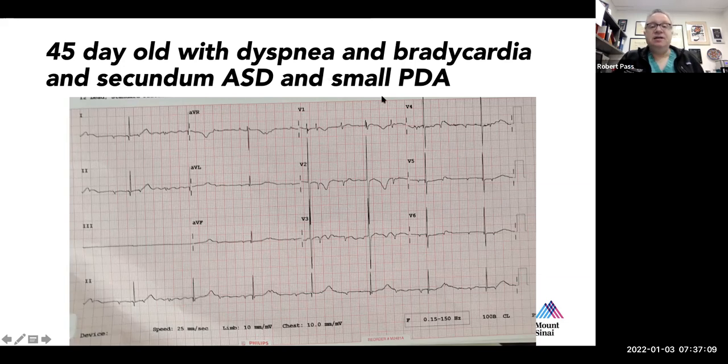Now, if it happened that during the surgery for pacemaker implantation, you could reach up and get the PDA, certainly there would be no harm or minimal risk to doing that. I wouldn't be opposed to it, but most of the time these operations are done from the front, and reaching back to the PDA would add a little bit of difficulty and risk for something that's probably minimally necessary.